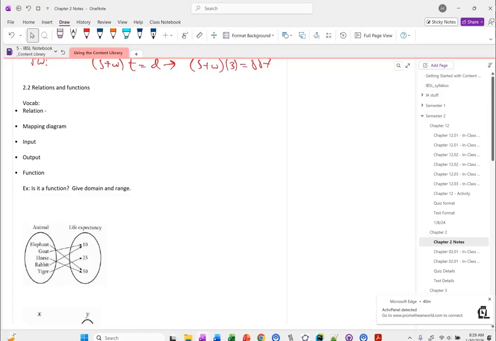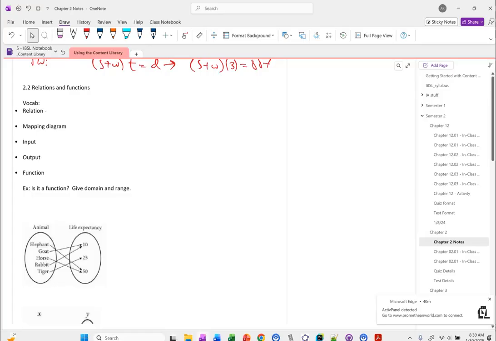What's the definition of a function? Let me help you. A function is a relation where, nope, more than that. Each output only has one input. Okay, that's half of it. There's another qualifier too.